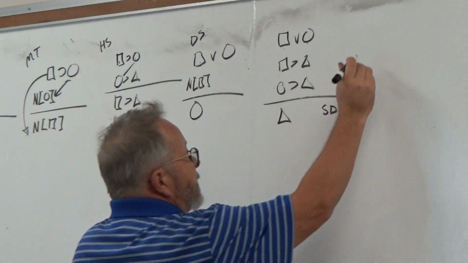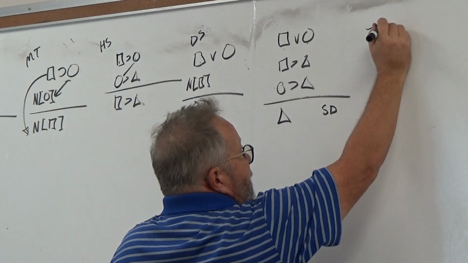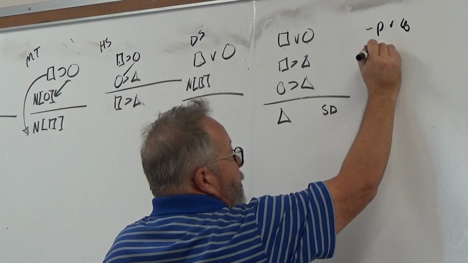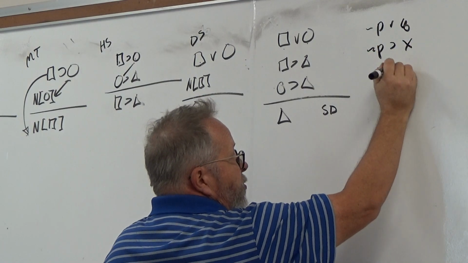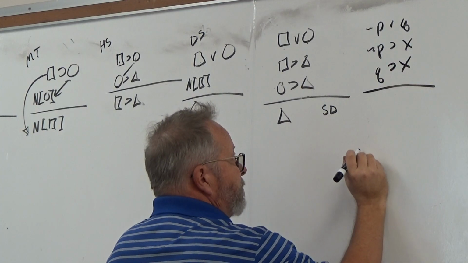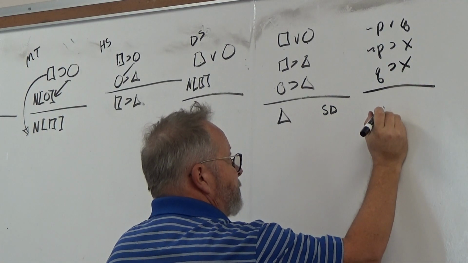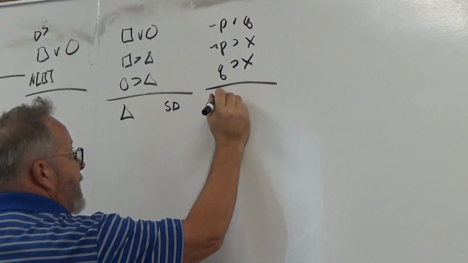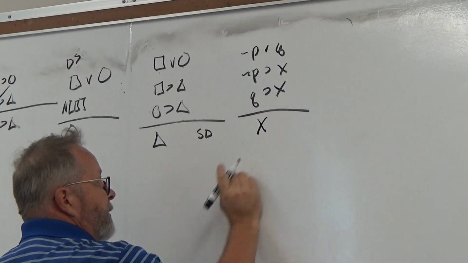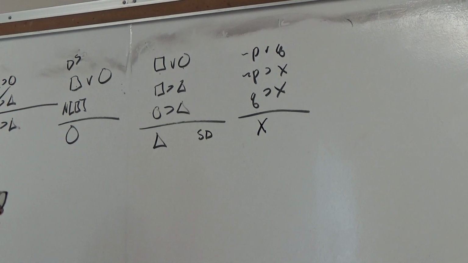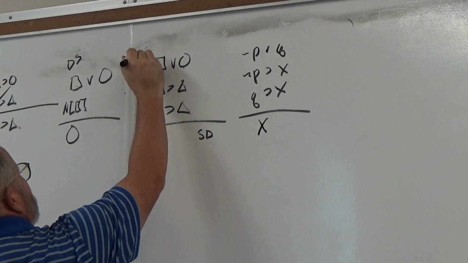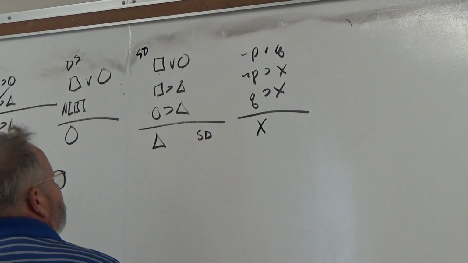So look, this could be not P or Q, not P then X, Q then X. What are we getting? Say X. Okay. All right. So this is simple dilemma.